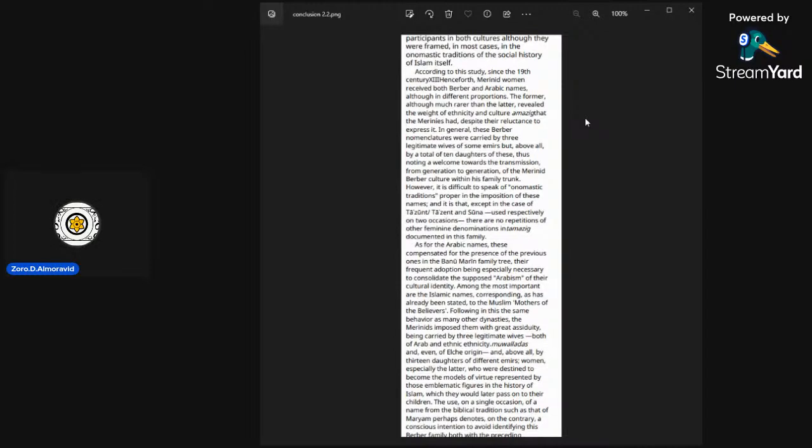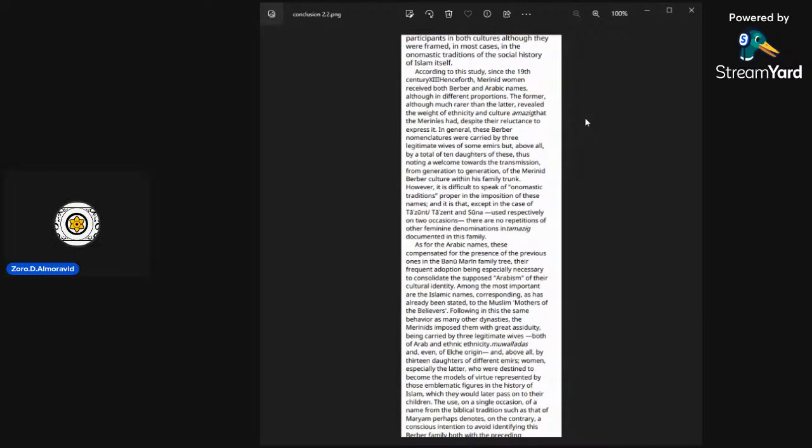The Arabic names were carried by 13 daughters and women, also concubines, who were destined to become models of virtue, represented by those emblematic figures in the history of Islam, like Maryam the Virgin, like the great granddaughter of the Prophet, like a lot of the names of his wives, his daughters, and so on. These are emblematic figures in the history of Islam, divine, sacred figures, whose names they would later pass on to their children.